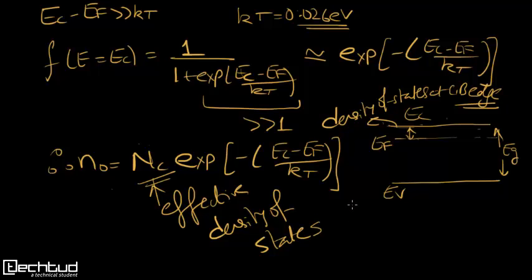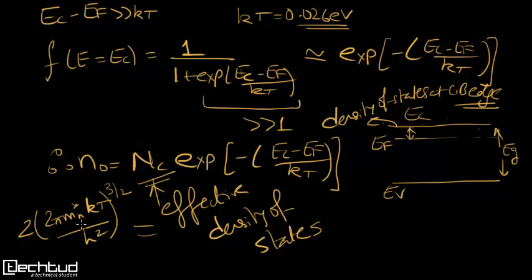Mathematically, this effective density of states NC is given by 2 pi Mn star kT by h square to the power of 3 by 2, where Mn star is the effective mass. So this is the effective density of states equation.